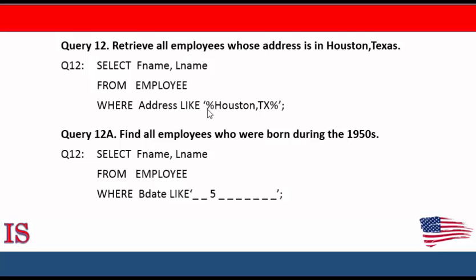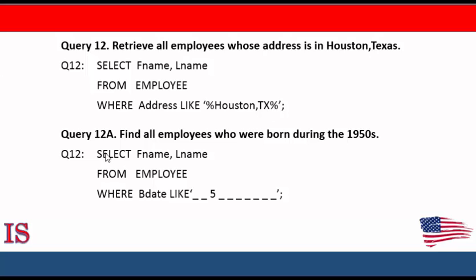The percent sign means to ignore everything before Houston. This percent sign says ignore everything after the Texas, which means if you had a tuple that had a value of 100 Blue Street, Houston, Texas, 99299, it would ignore the street and it would ignore the zip and give you everybody in Houston, Texas.